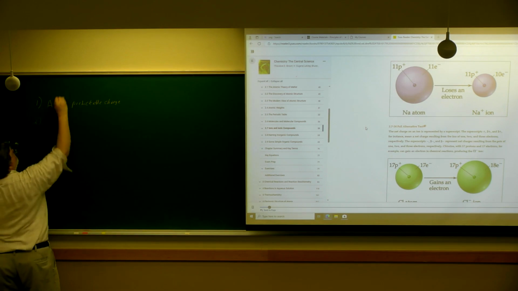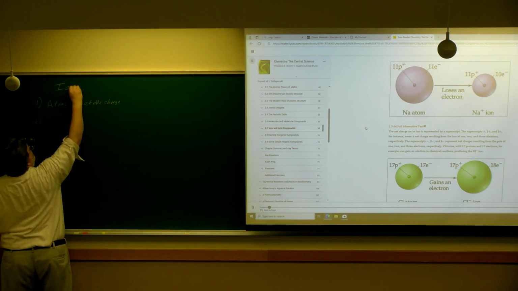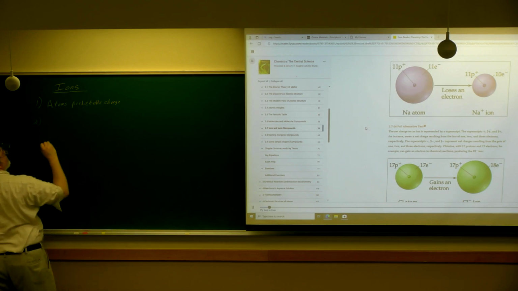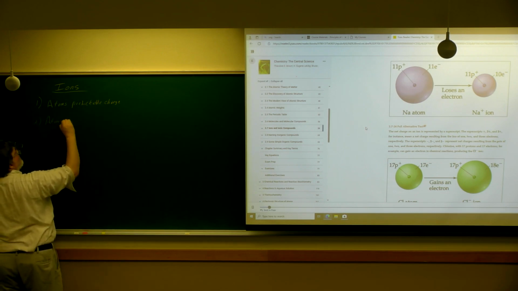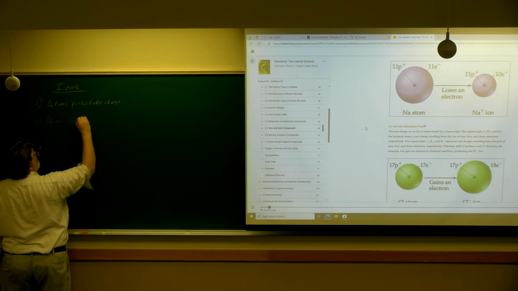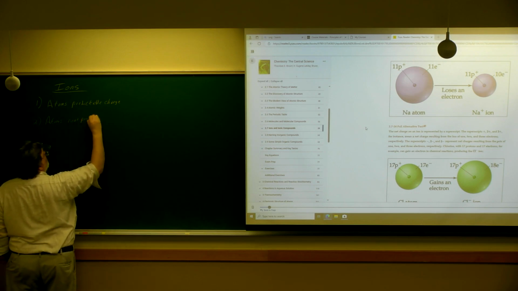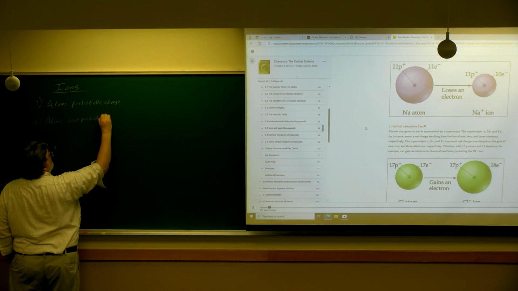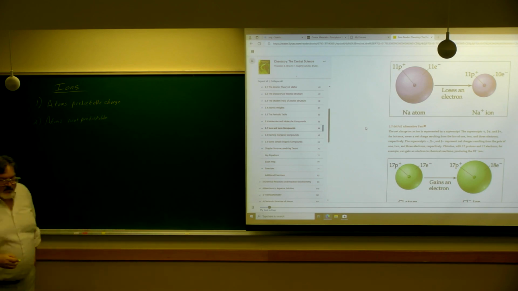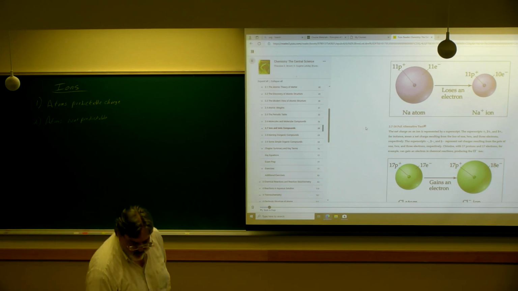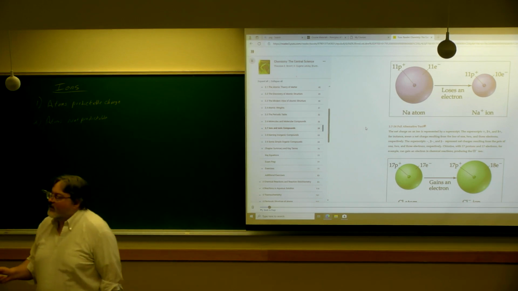And then there's the other ions in this world, atoms where the charge is not predictable. And let me point to those. Here are the ones that are not predictable.